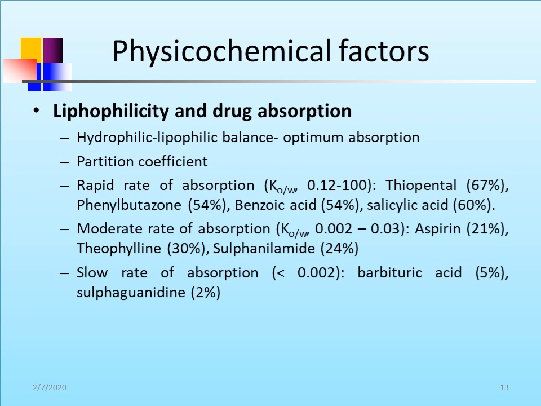For example, barbituric acid or sulfaguanidine. So this is about lipophilicity and drug absorption. The drug should have the optimum lipophilicity as well as the optimum hydrophilic character, so that it is absorbed well into the systemic circulation.